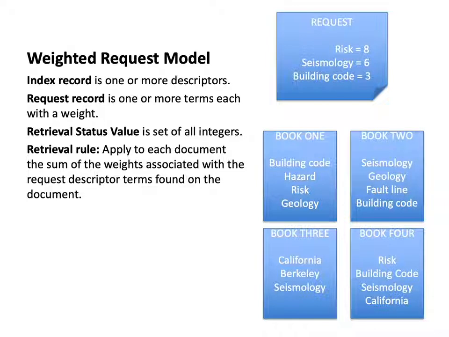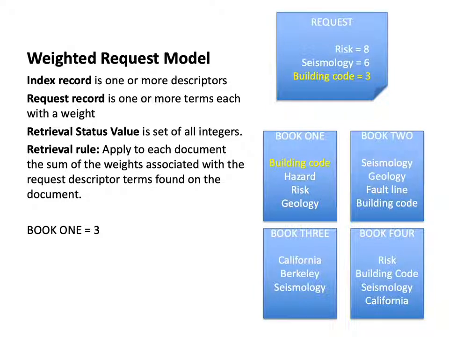In book one, request has building code and the book has building code. In the request, the user said, I'm weighting building code at a level of 3 on a scale, say, of 10.